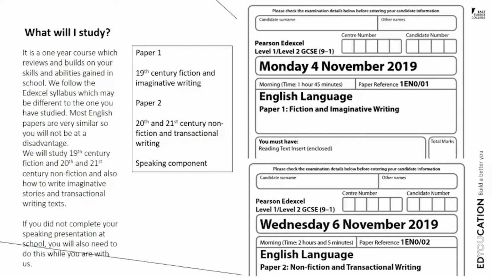For example, in paper 1, we do 19th century fiction and imaginative writing, which you might call creative writing. And in paper 2, 20th and 21st century non-fiction and transactional writing, which includes things like speeches, letters, or information guides, anything that's a transaction between you and someone else.